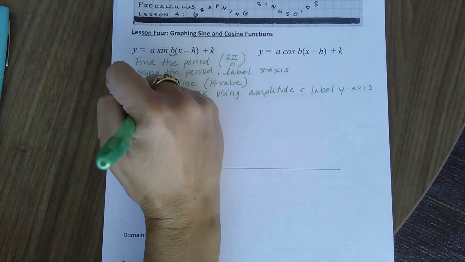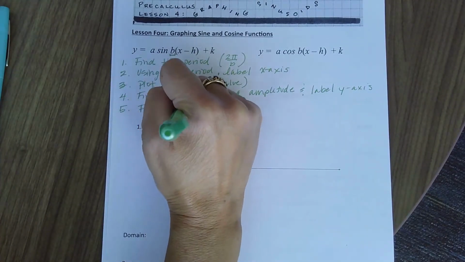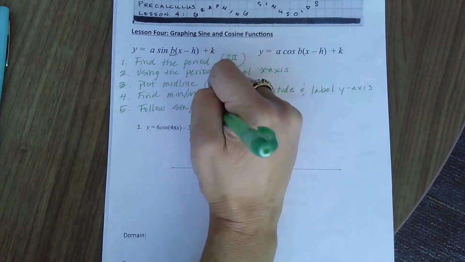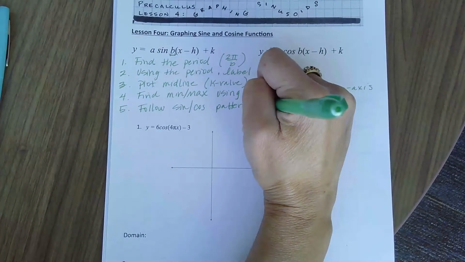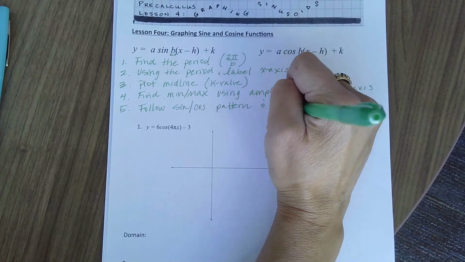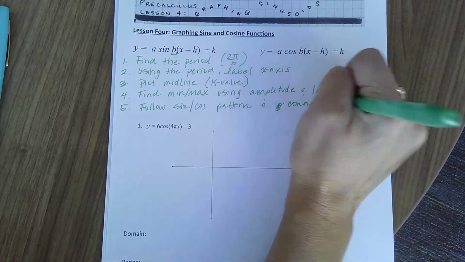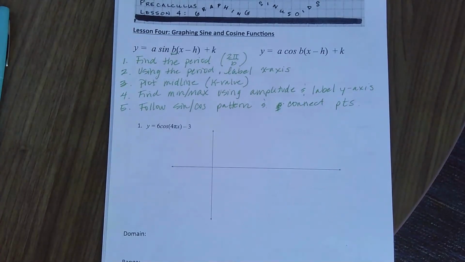And then last but not least, you're going to follow the sine or cosine pattern that we talked about last year, and connect your points in a nice smooth curve. The pattern for sine always starts at the midline, so it goes midline, max, midline, min, midline.